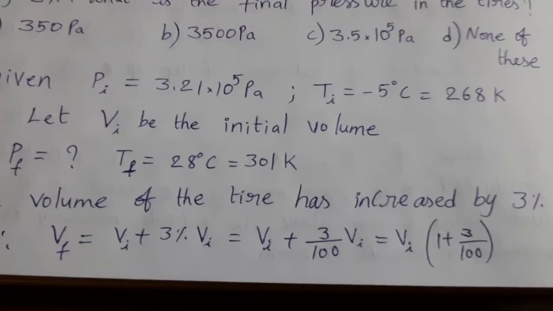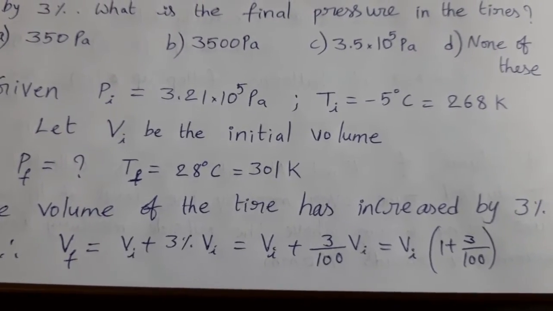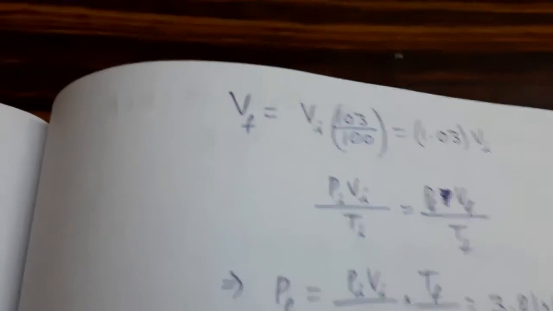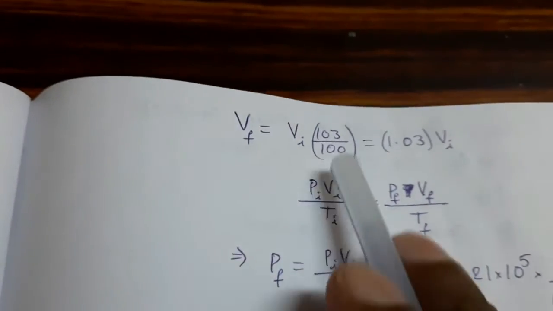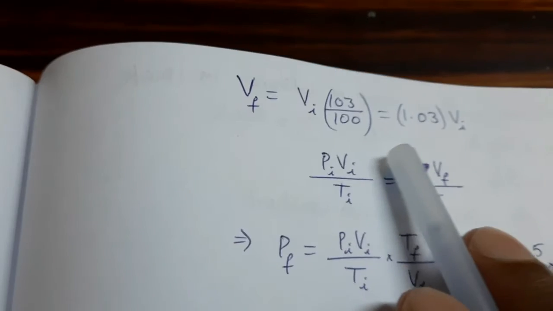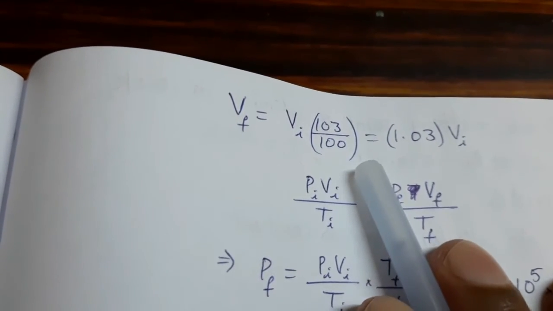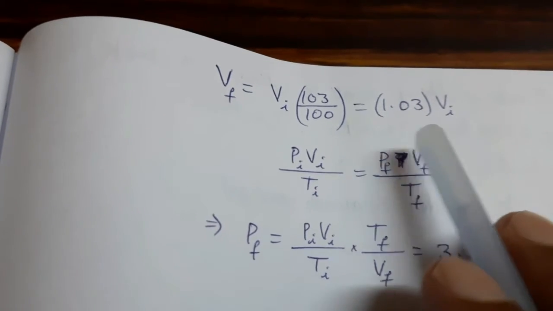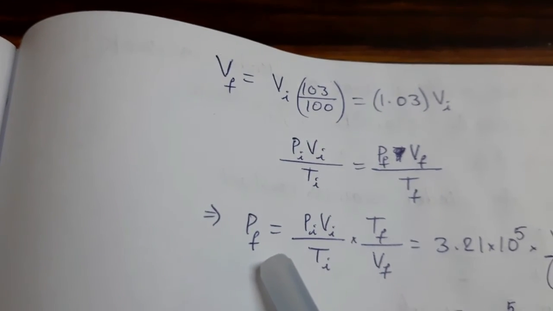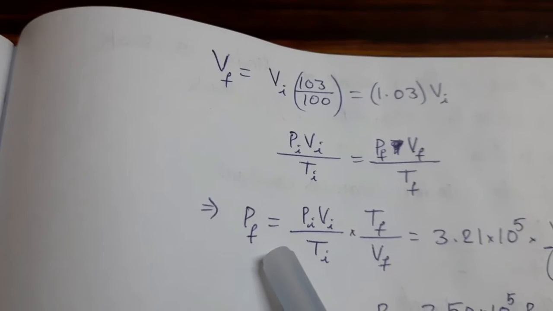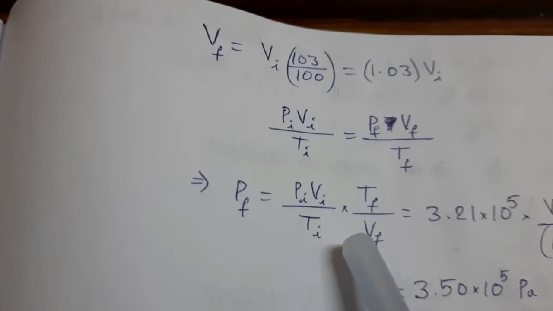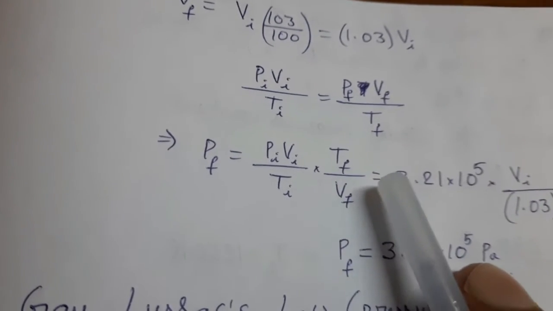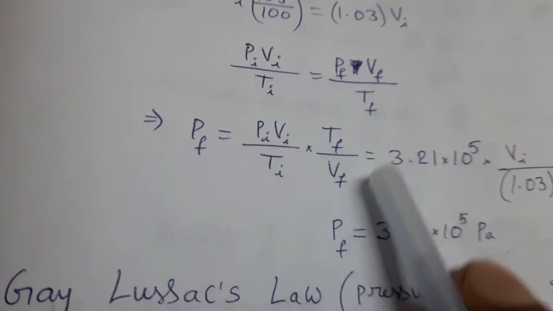Take Vi as common, then we get 1 plus 3 by 100. From this, final volume Vf equal to Vi into 103 divided by 100, that equals 1.03 into Vi. So now we want Pf. Write Pf on one side, remaining terms on the other side. Substitute the values Pi, Vi, Ti, Tf, Vf.